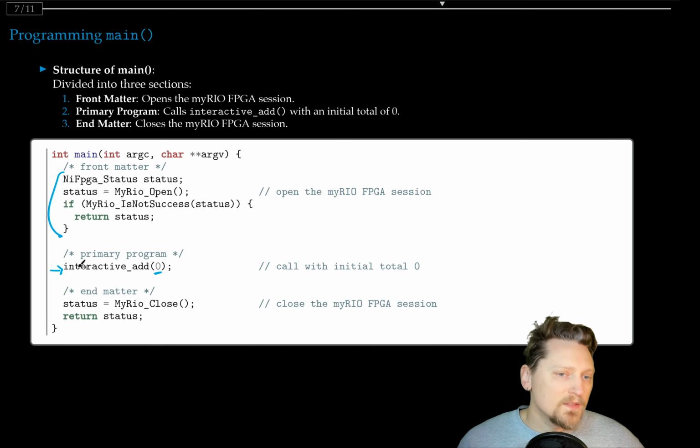Once that exits, the program will return to this location after interactive add and do the end matter. So it will close the myRio FPGA session and return the status of that call to close. If everything is good, then the status will be 0. Okay, so that's the main program. Pretty straightforward.